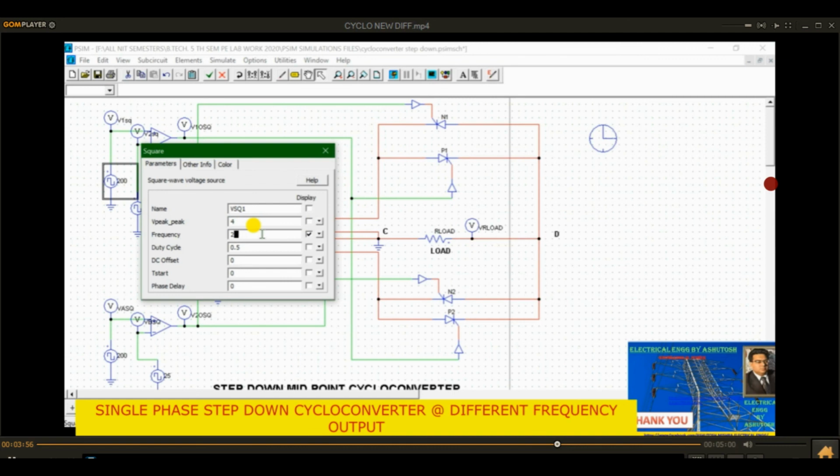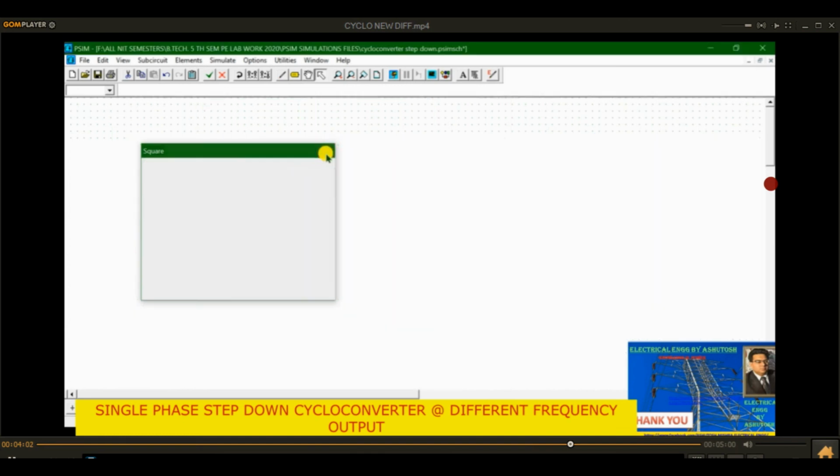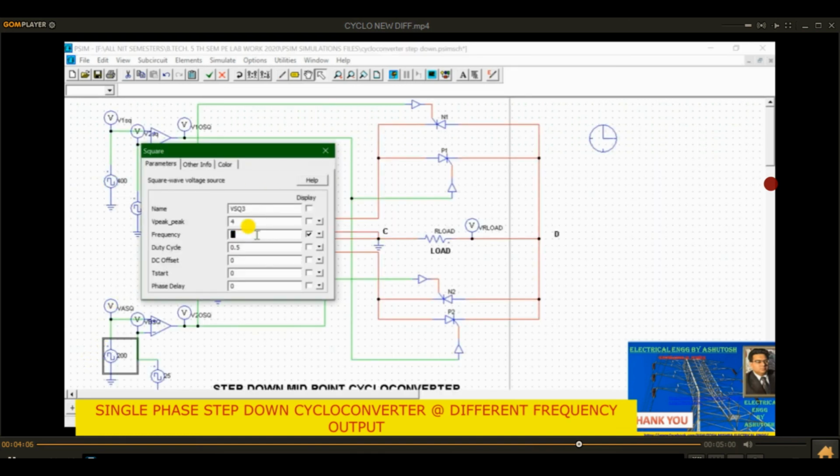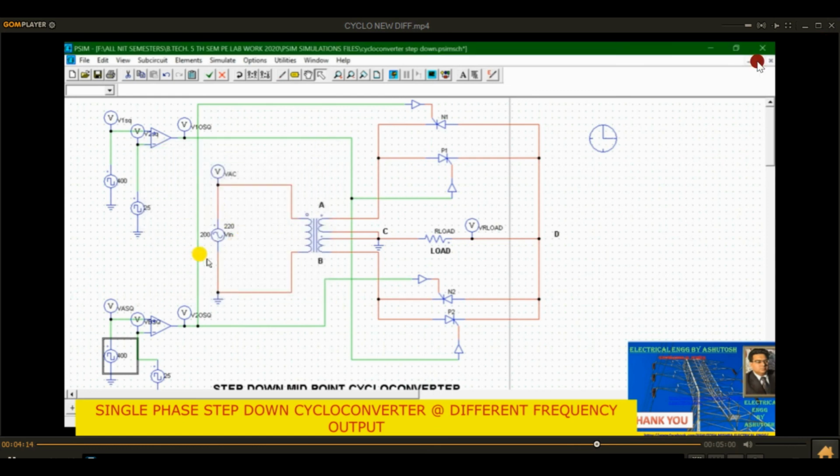Now in place of 200, it is 400. Here also put 400 Hertz. Then see the waveform. Now the AC input frequency has become 200.